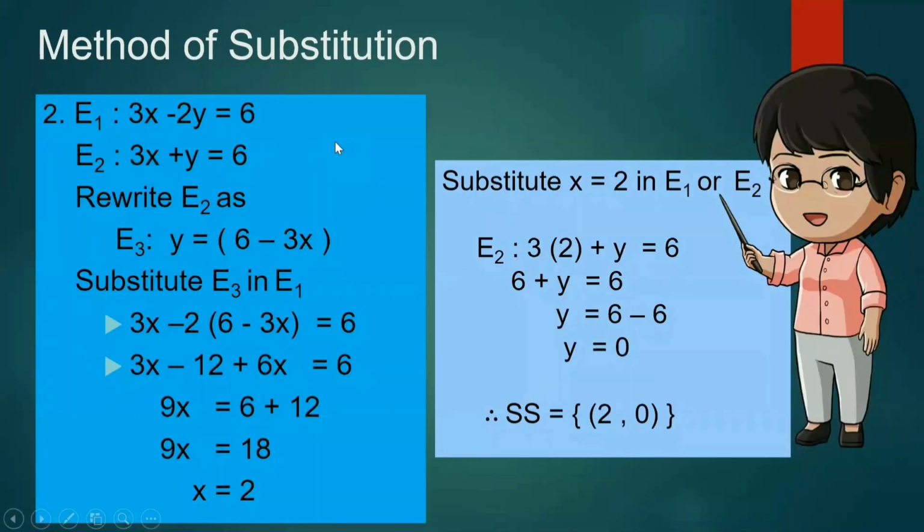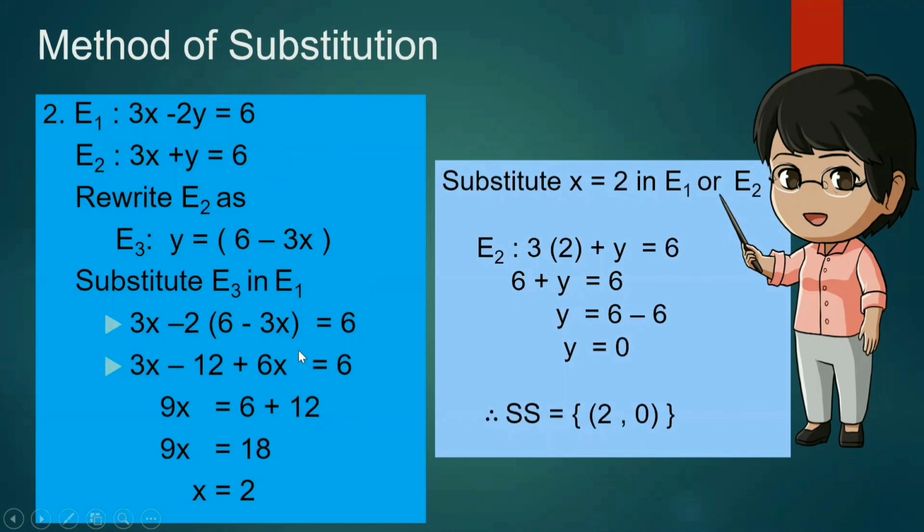Example number 2, we have two equations here, and by the method of substitution, we rewrite equation 2 as y is equal to 6 minus 3x, and we substitute equation 3 into equation 1, this value for y in equation 1.